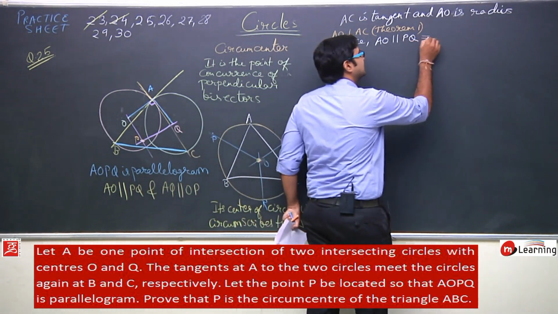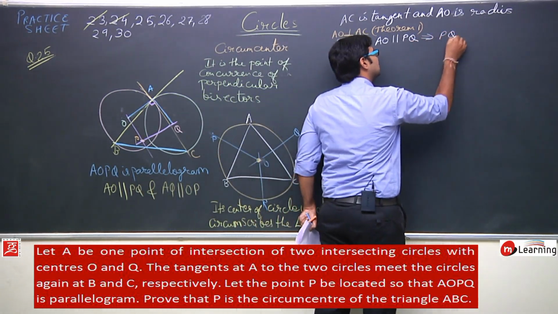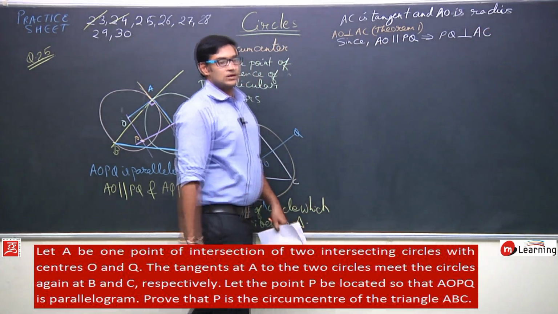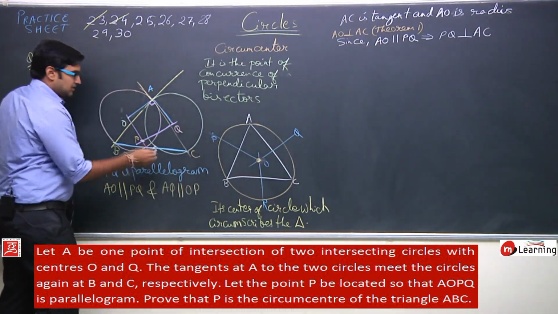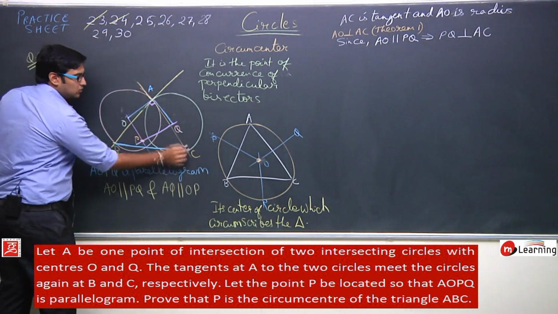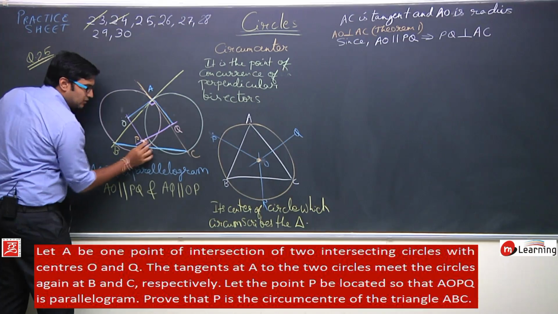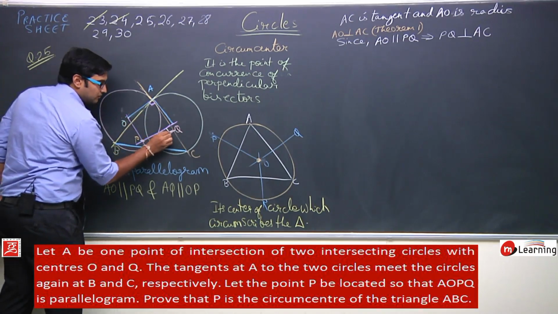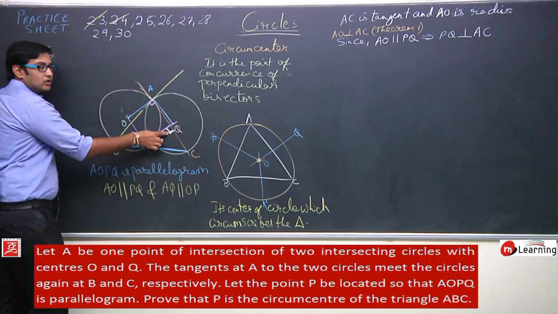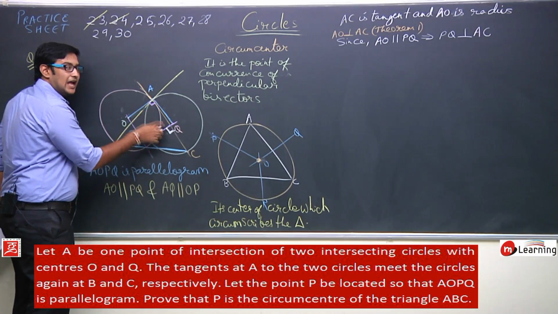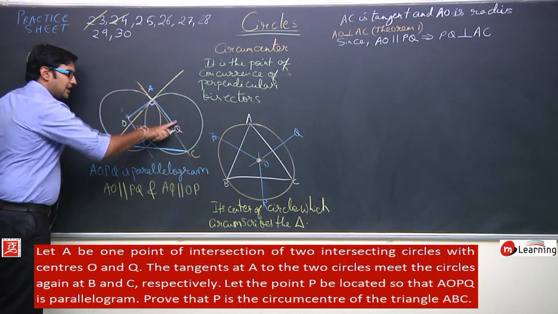This implies PQ is also perpendicular to AC. Can I say this? Yes, because you can see this AO line is perpendicular to AC and this PQ line is parallel to AO. So this angle is also equal to 90 degrees. Why? You can say that this and this are corresponding angles because we have two parallel lines.